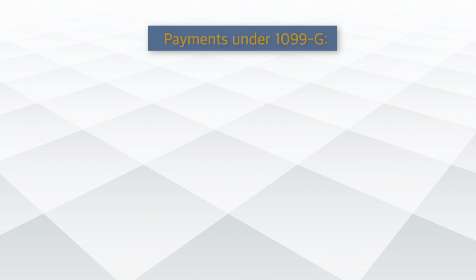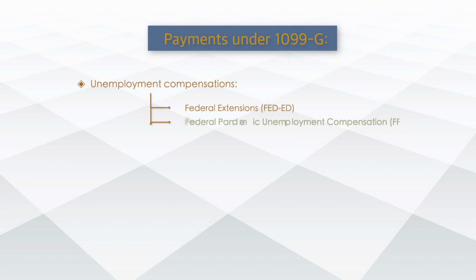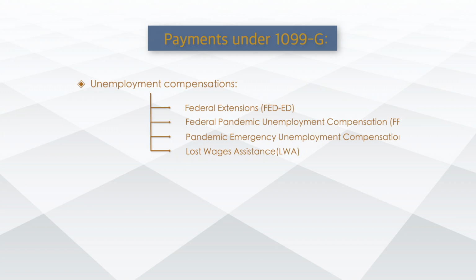So what different payments or benefits fall under 1099-G? Based on the most relevant and commonly used benefits during the pandemic, first would be unemployment compensation. Any form of unemployment compensation, it could be federal extensions, federal pandemic unemployment compensation, pandemic emergency unemployment compensation, or lost wages assistance benefit, must all be reported to the IRS.